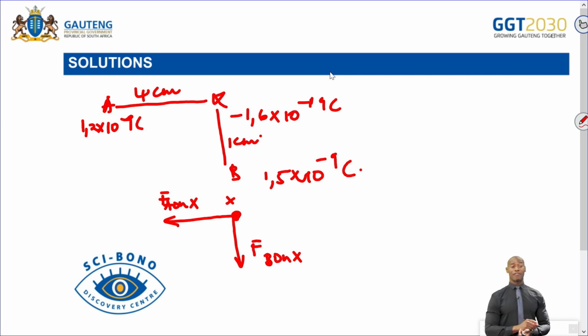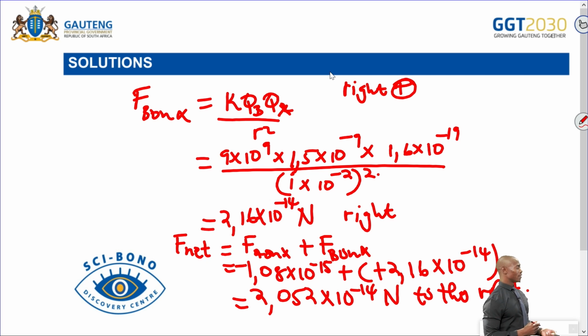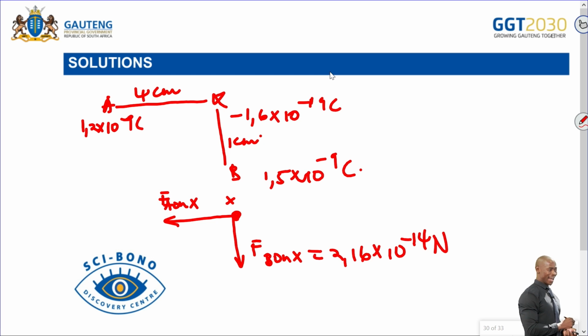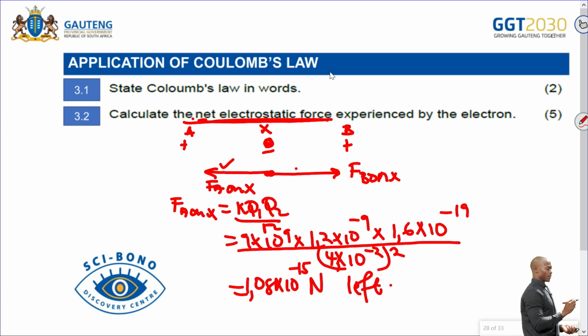Even the magnitude of FB on X is the same: 2.16 times 10 to the power negative 14 newtons. But now it's no longer to the right, so it will be downwards, or south if you are using compass directions. This one we got, if I'm not mistaken, 1.08.